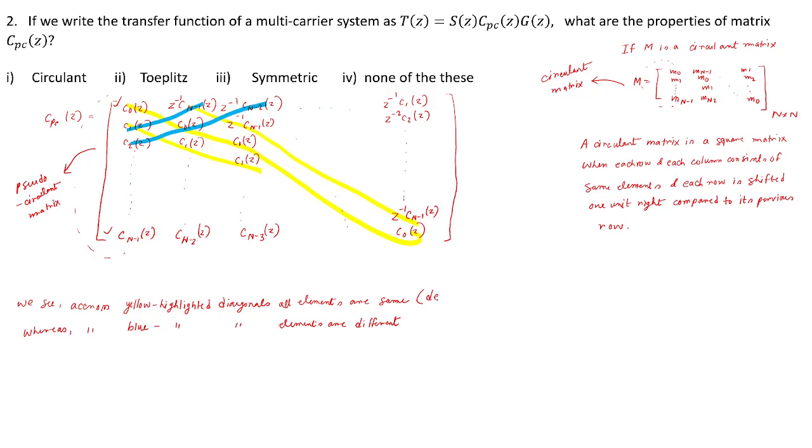diagonals are descending diagonals. If you observe from left to right of the matrix, they are descending diagonals. This one consisting of C naught of Z is the principal diagonal, of course, and these diagonals across which all elements are different, the blue highlighted ones, if you observe from left to right, are nothing but ascending diagonals.